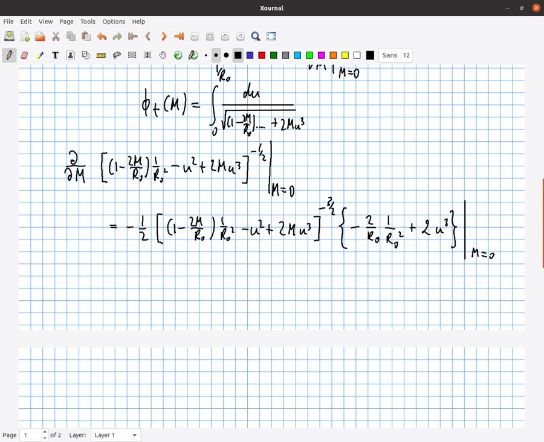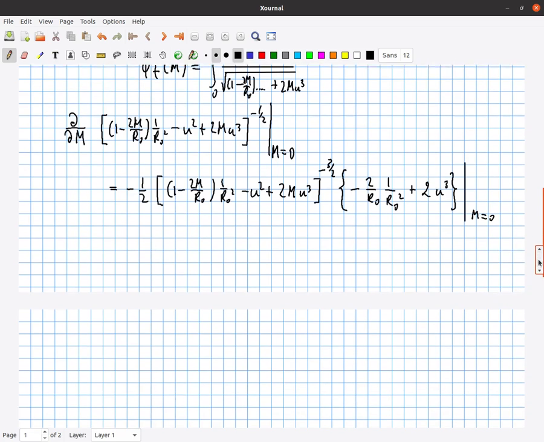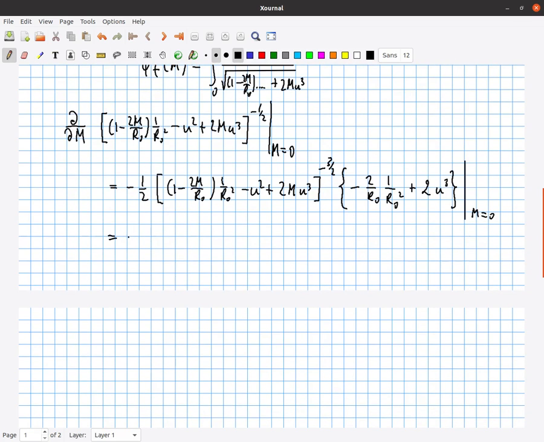This factor here doesn't depend on m anymore, but there are m's left in here, which means we can now simplify this. Minus 1/2. If m is 0 in this term, we are left with 1 over r0 squared minus u squared plus 0, to the minus 3 over 2. And here we have minus 2, 1 over r0 to the 3 plus 2u to the 3.